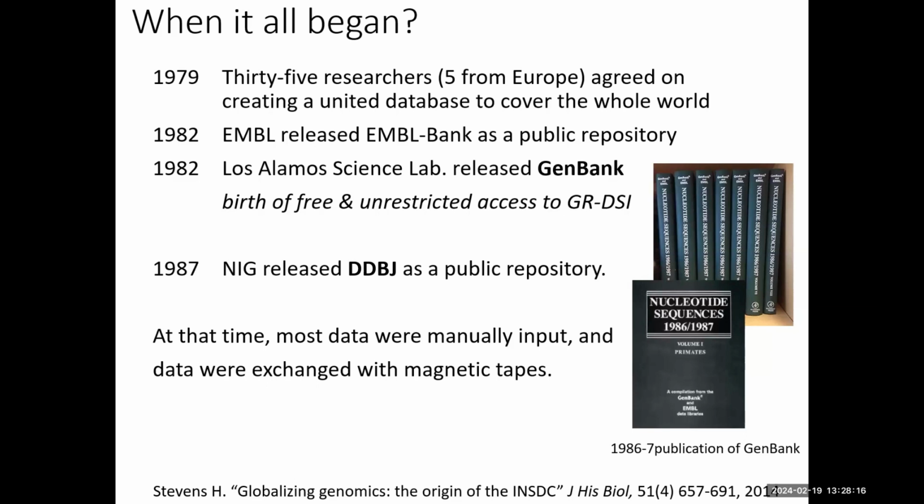So the update frequency was much slower, but we started the fair and unrestricted exchange of information from the very beginning for this reason. If you want to know more about why Japan joined this activity, please refer to the reference at the bottom by Stevens, Globalizing Genomics: the Origins of the INSDC.